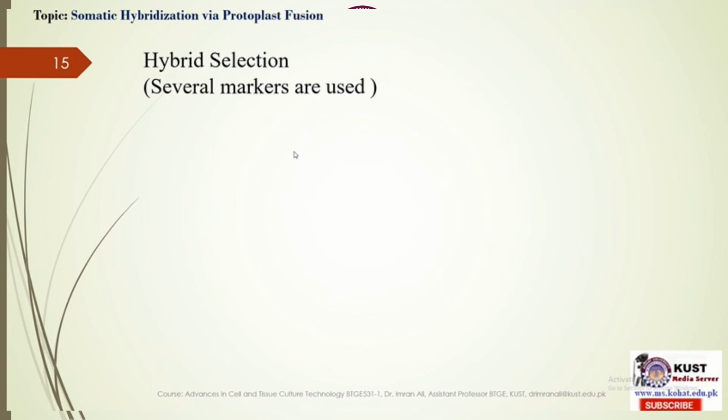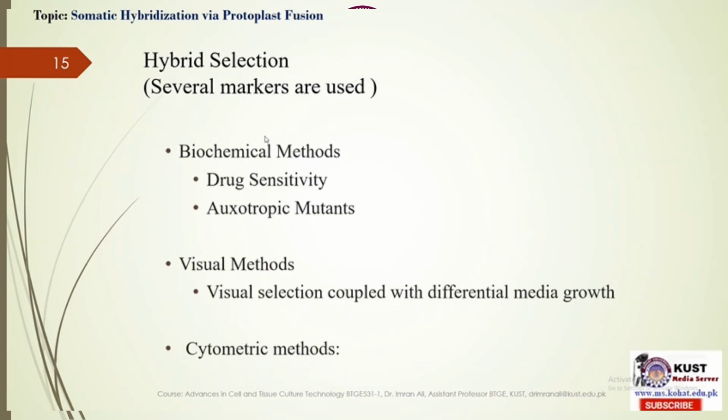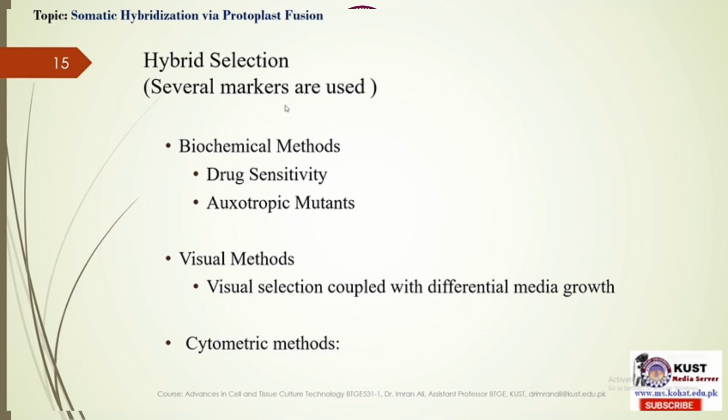Now it is quite challenging to select heterokaryons from a cultured solution. So for that there are several markers which are used for the selection of the heterokaryons or the hybrid.